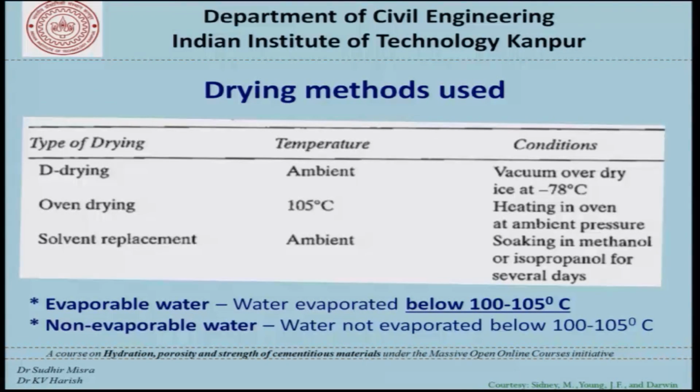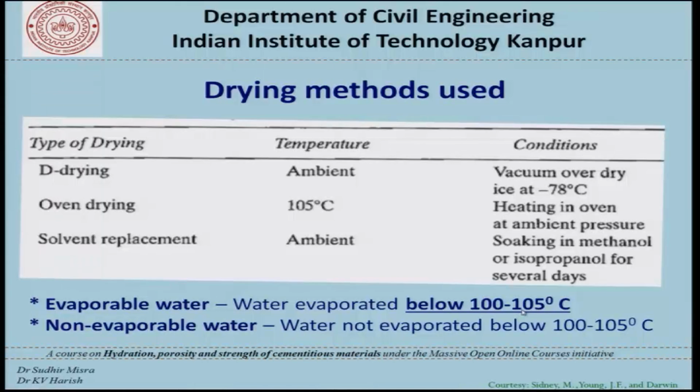Remember that not all water present in the Portland cement based paste system evaporates at 100 to 105 degrees Celsius. Some remains in the system. Recall from the previous lectures that hydrated compounds like calcium silicate hydrate gel, calcium hydroxide, ettringite and monosulfoaluminates have substantial water, referred to as combined water, and that still remains in the system even after heating to 100 or 105 degrees Celsius.